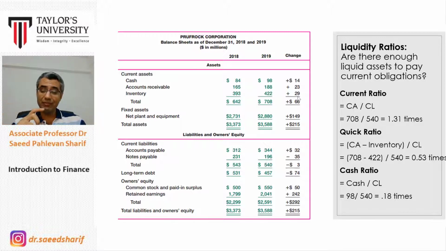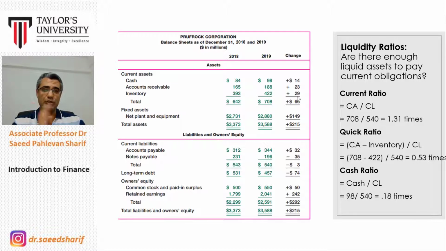For a healthy firm, we discussed that net working capital is expected to be positive, meaning current assets should be greater than current liabilities. This means that this firm is able to pay its current liabilities, those obligations whose maturity is less than 1 year.